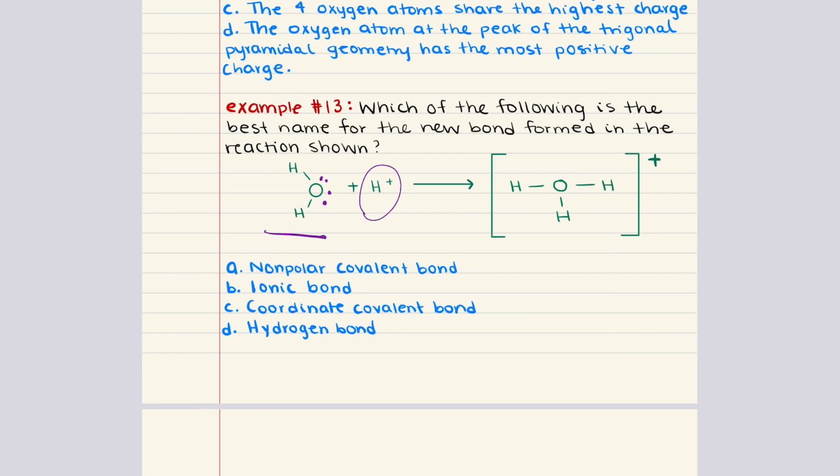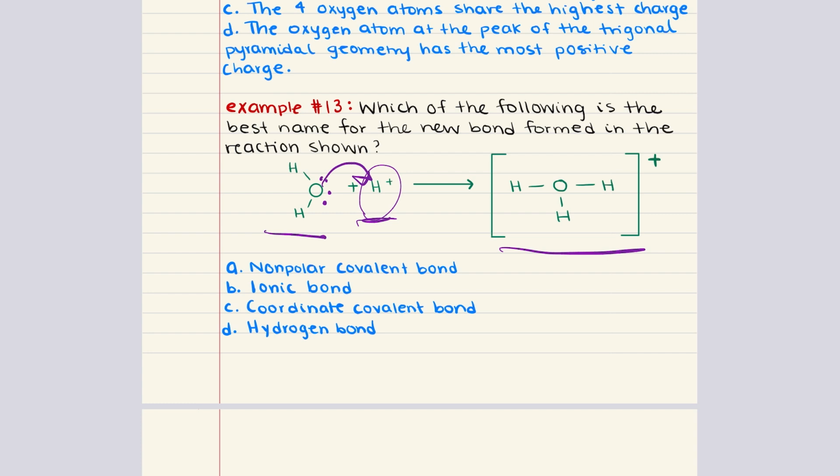The resulting molecule is a hydronium ion, H3O+, and this is formed from the new bond between that hydrogen ion, that proton essentially, that free hydrogen cation, and the water molecule. Now, how was this bond created? This bond is created via the sharing of one of oxygen's lone pairs with this free hydrogen ion.